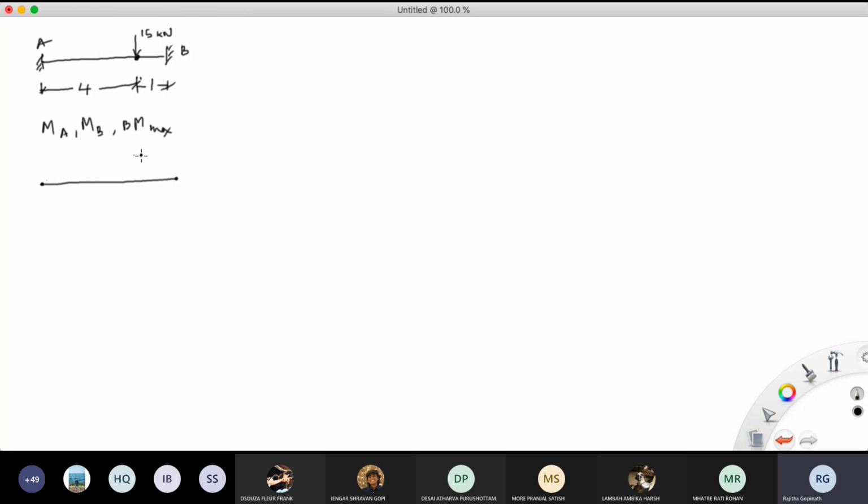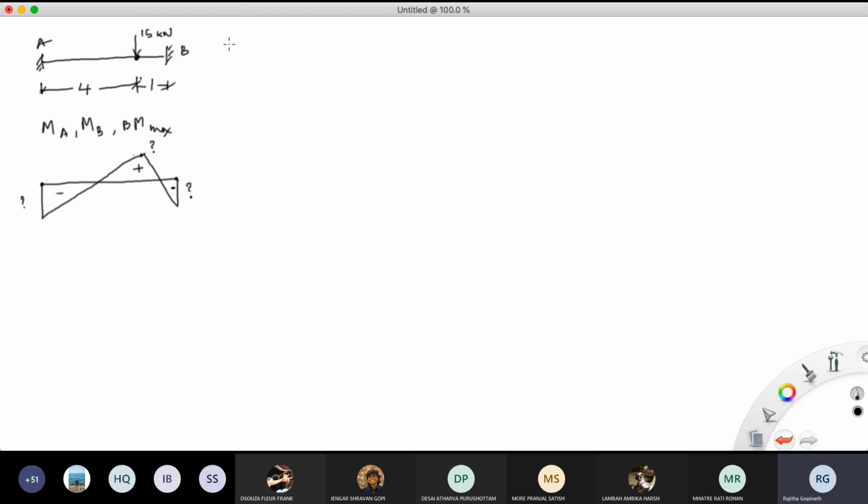So if the load is acting eccentrically, the maximum bending moment is also going to be there only. ठीक है. So this is how the bending moment will look like. Okay, so this is where the positive part is, this is negative and this is negative. We need to find out what is the value here, and here and here.